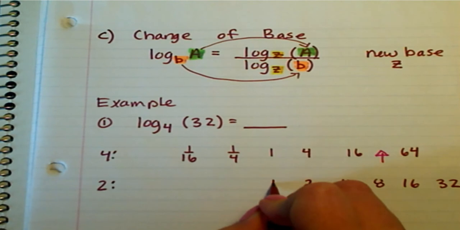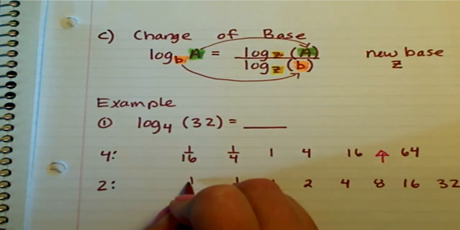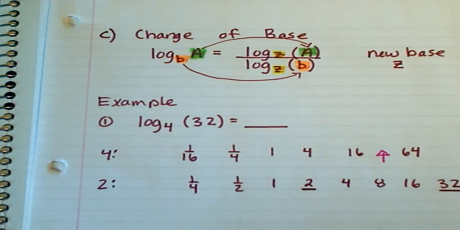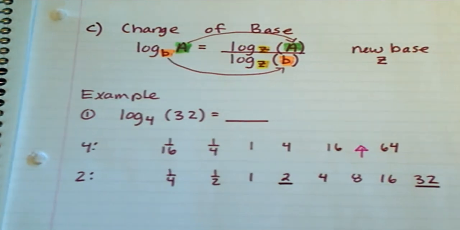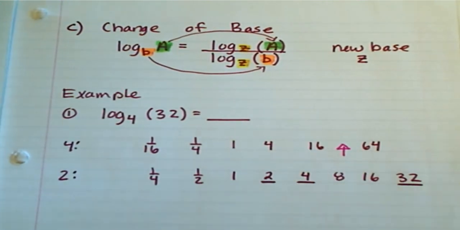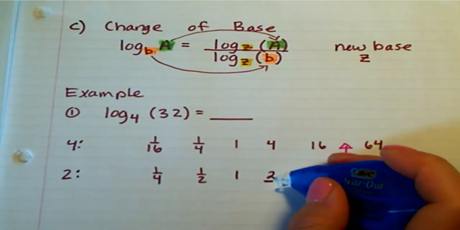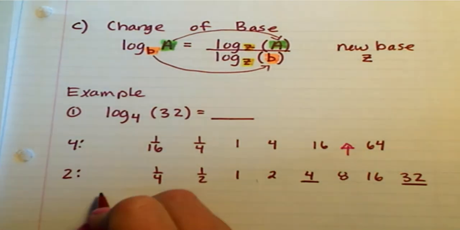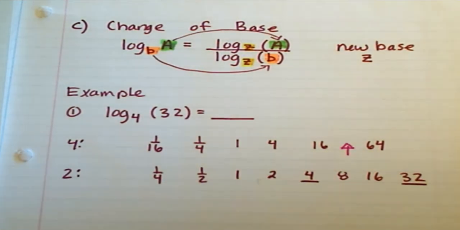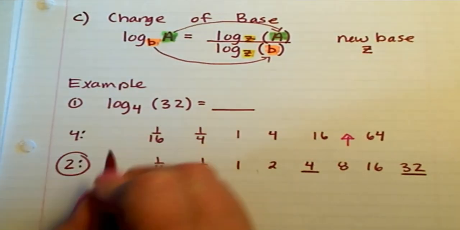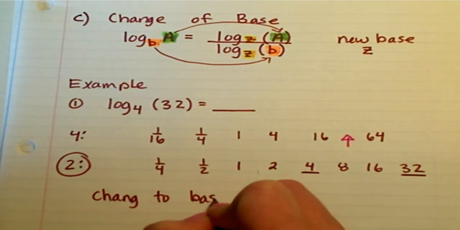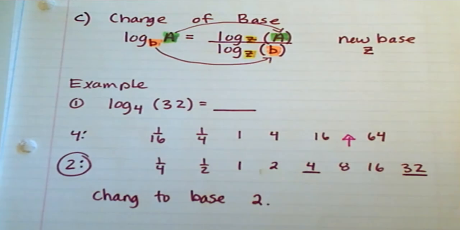Oh, okay, look at that. 2, and 32. Let me rephrase that. Okay, 4 and 32 are both powers of 2. So that's the key. So I want to change the base to 2. Change to base 2.